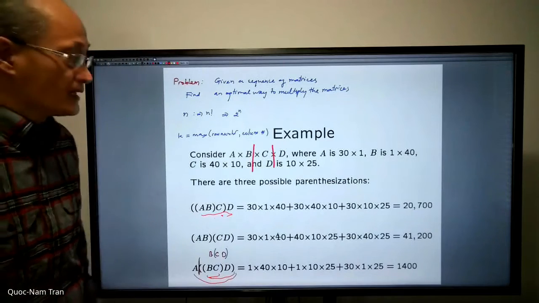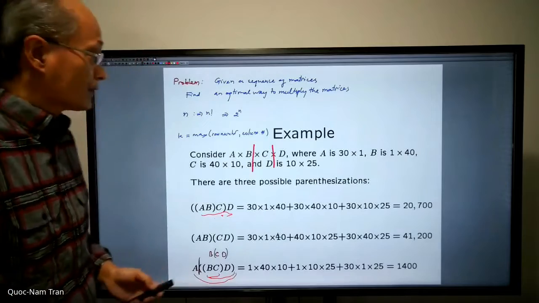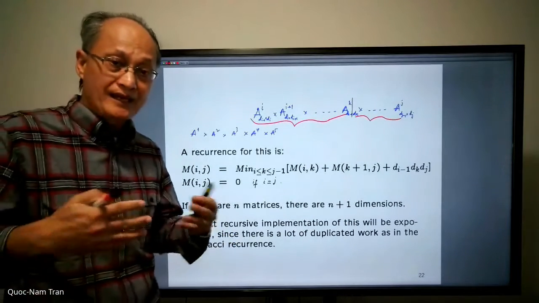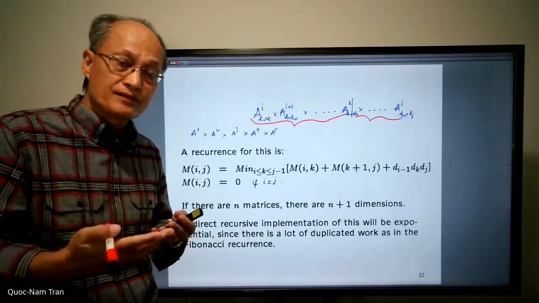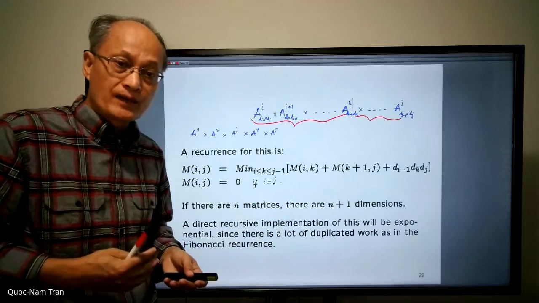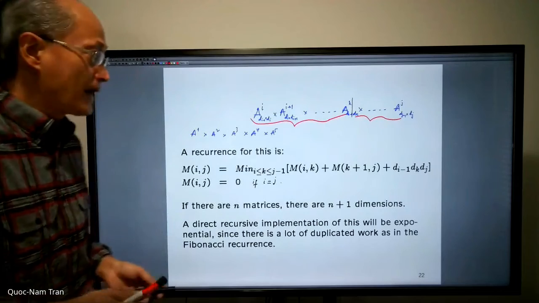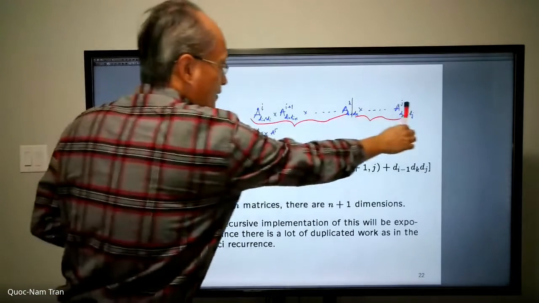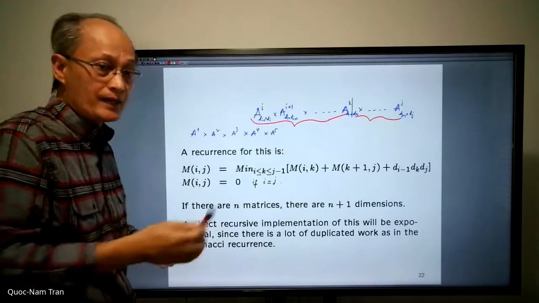So finding the best way is what we want to do. And we did it by analyzing the problem, trying to design a recursive divide and conquer algorithm, and analyzing the complexity, right?